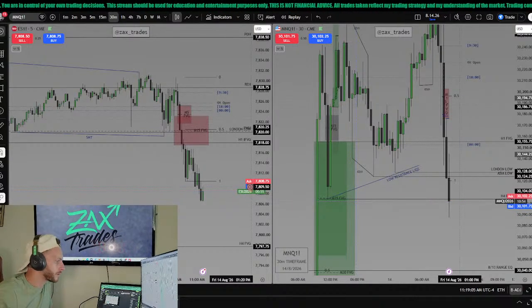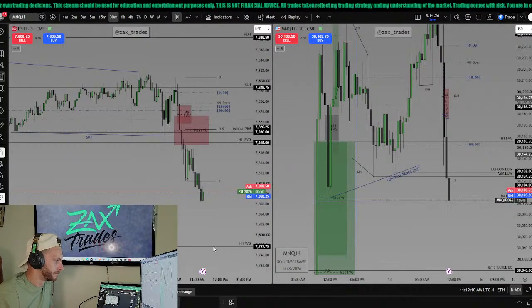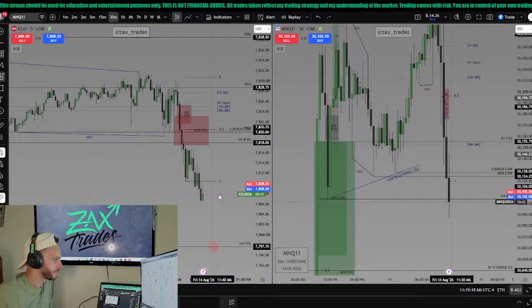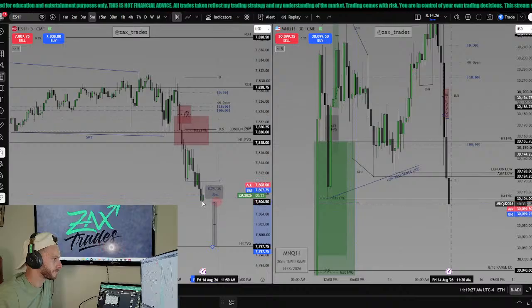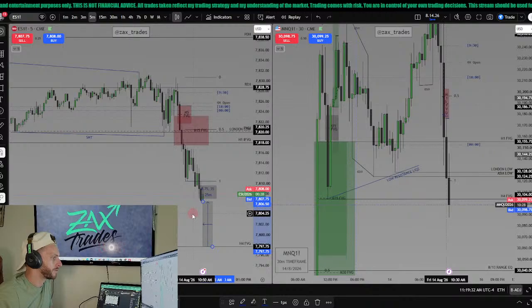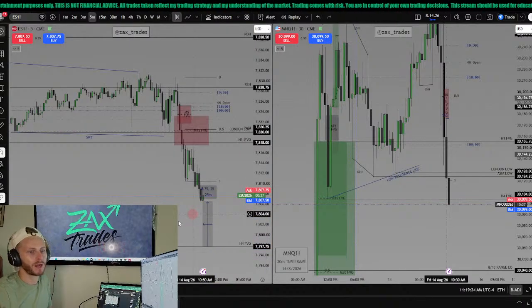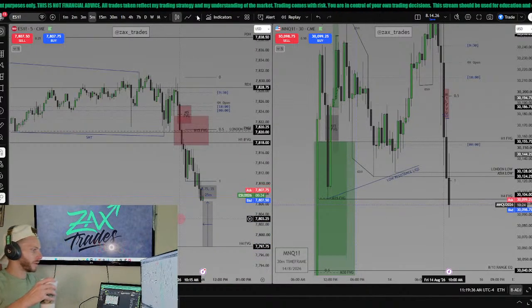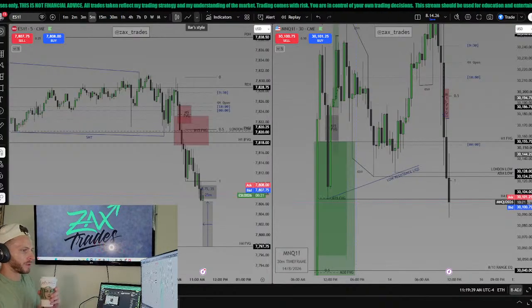And then we're going to look. Still got about 8.75 points to travel on ES to tap that gap.